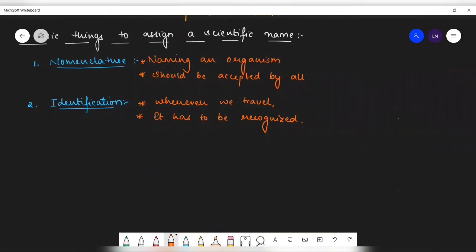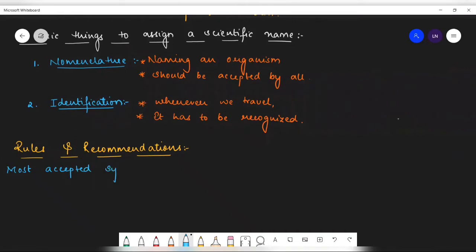Now, what are the rules and recommendations of nomenclature? What are the basic things that we need to know now? Okay. Now, the most accepted system is given by Carolus Linnaeus. So who has given us the most accepted system?